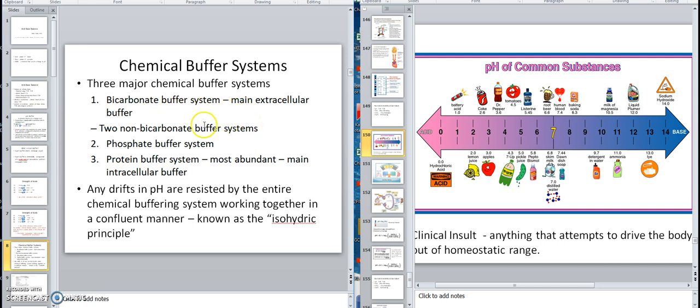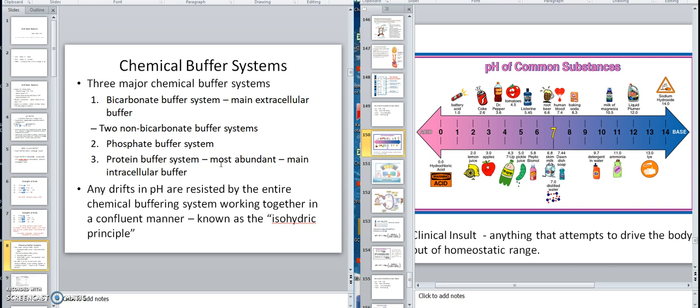That's the bicarbonate. The two non-bicarbonate buffers are the phosphate buffer, which is a breakdown of phosphoric acid, just like you did the carbonic acid, and proteins. Proteins are good as buffers because some amino acids are acidic and some are basic.